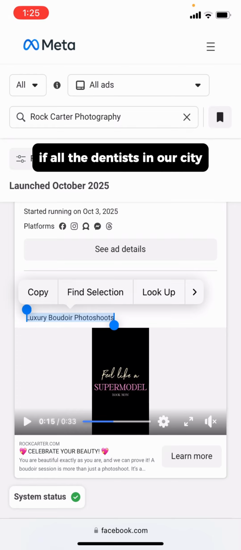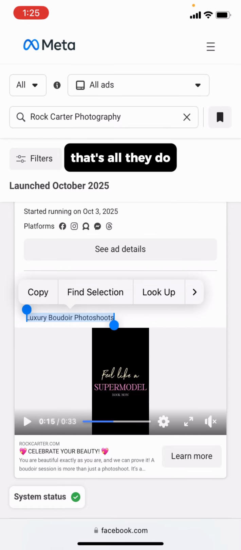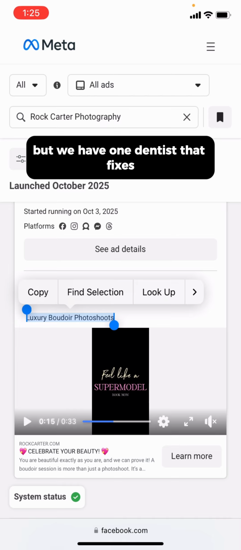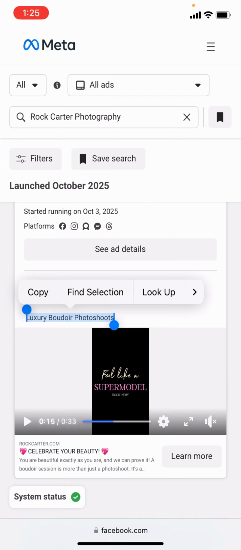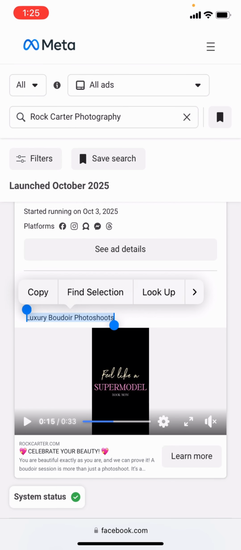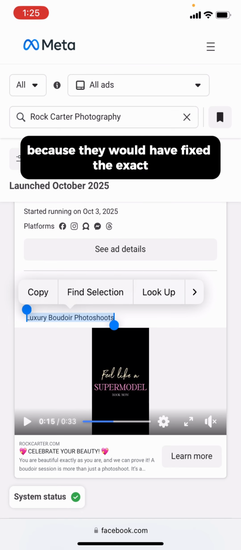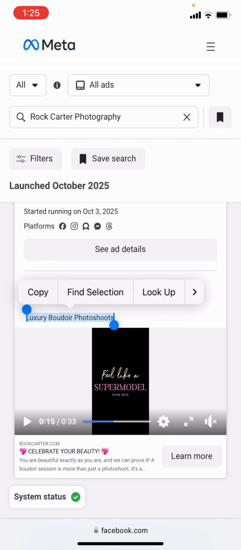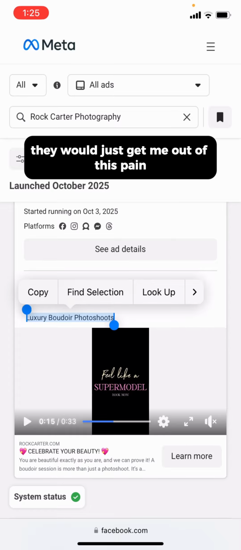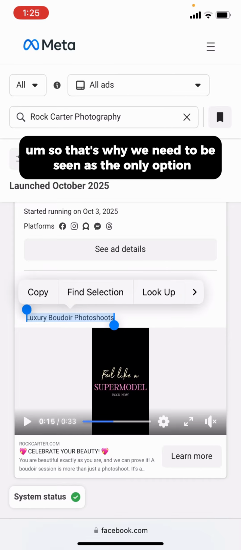If all the dentists in our city just did six-month checkups and teeth cleanings, that's all they do, but we have one dentist that fixes tooth pain when we're eating, we would have paid them so much money to get in, and it would have been super fast for us to pay because they would have been the only one that fixed the exact thing we were going through. So we would have paid tons of money to them. Just get me out of this pain, if they were truly the only option. So that's why we need to be seen as the only option. Helps our ads sustain and scale.